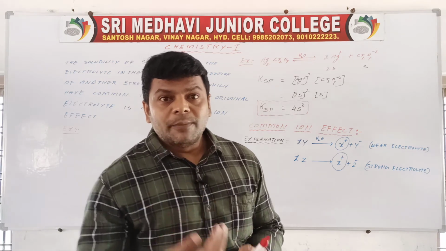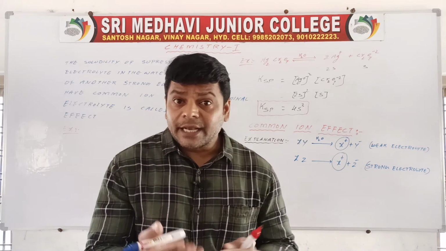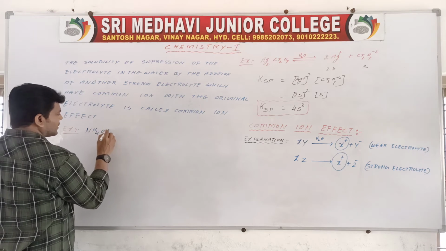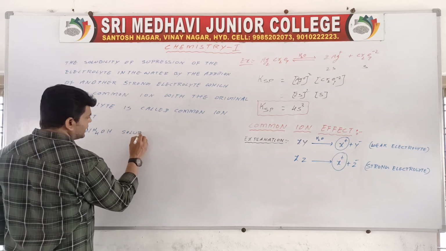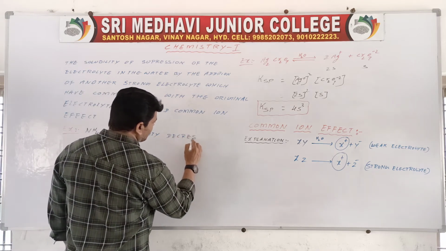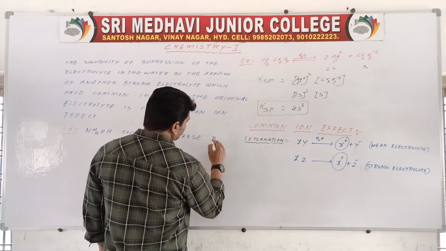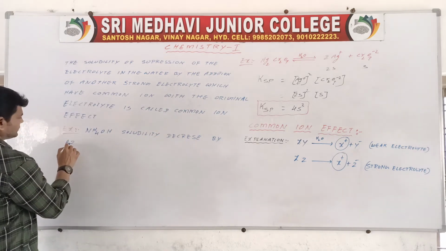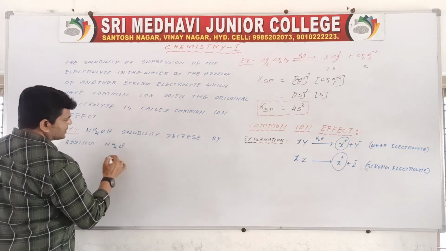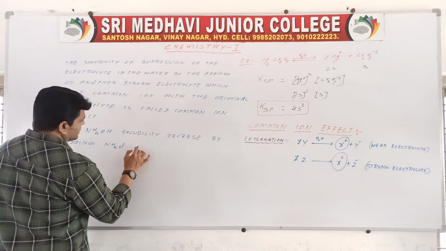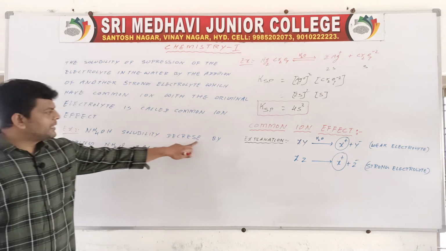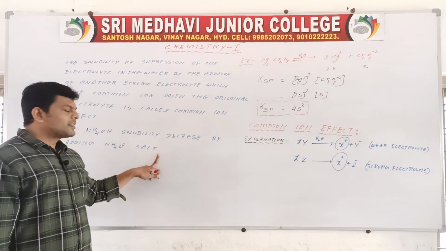NH4OH solubility can be decreased by adding NH4Cl salt. See, NH4OH solubility decreased by adding NH4Cl salt.